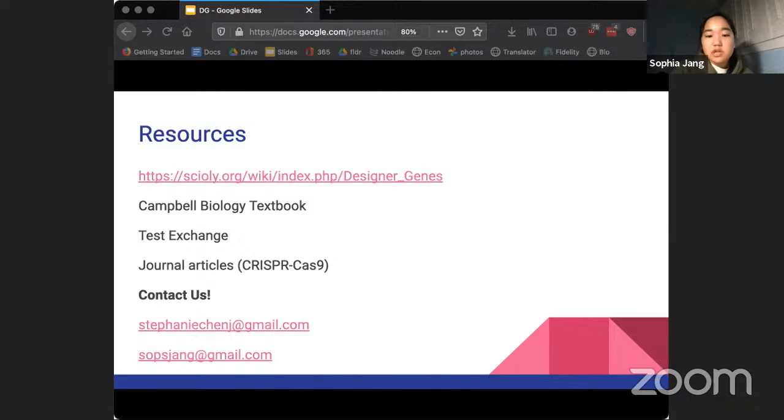And specifically for CRISPR-Cas9, because it's more recent, a lot of pertinent information you'll find in science journal articles. And if you're not sure how to access those, Googling them and then looking at the linked references, even on the Wikipedia pages, you can find the relevant articles for that.